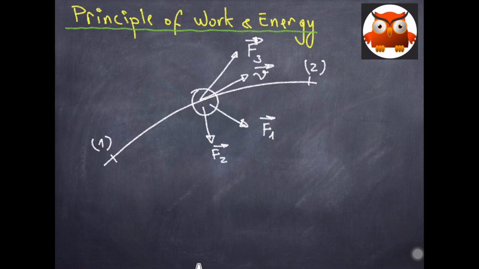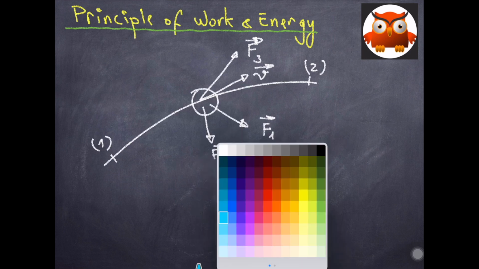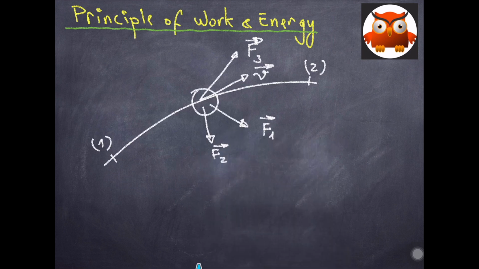Now, if you take the resultant of all these forces, you find the force, say, in this direction. So this will be the resultant force. Now, not all the components of this force will contribute to the work done, right? So not all of them will do work.